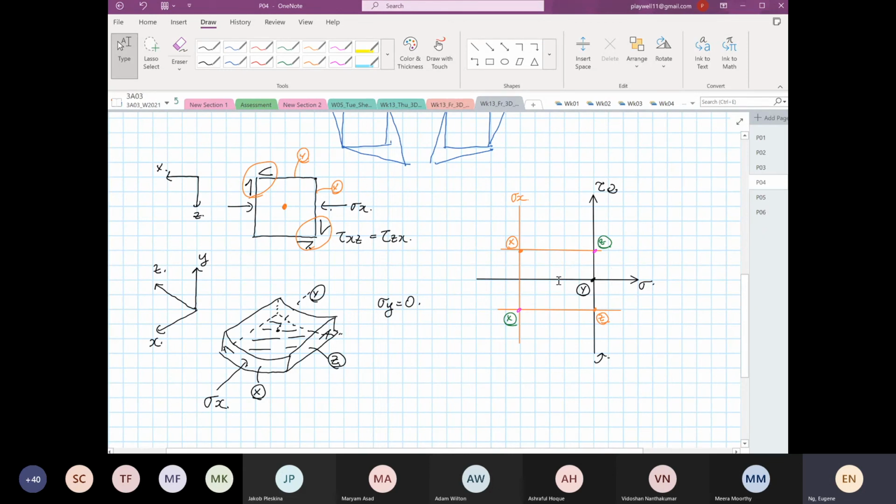Okay, so now if I were to draw 2.5 and 2, hold on, I'm going to draw Mohr's circle first. 2.5 squared plus 2 squared, so it's 3.2. So the center of the circle is somewhere around here. So I'm going to sketch Mohr's circle. 1, 2, 3 and a bit, 3.2.